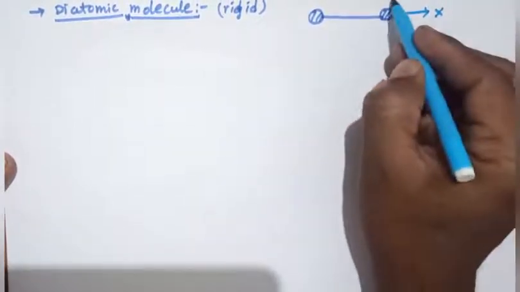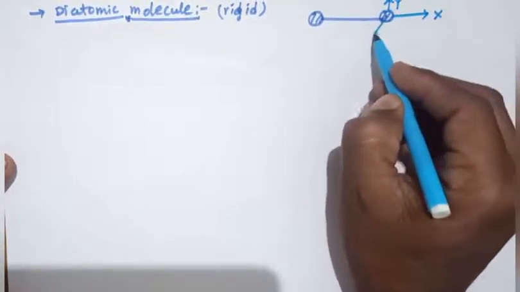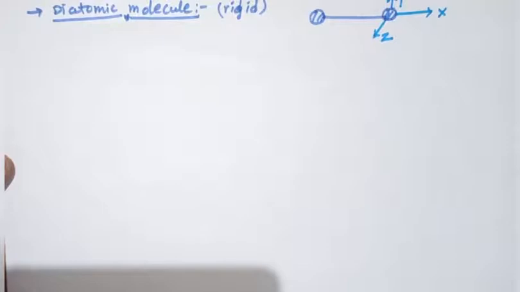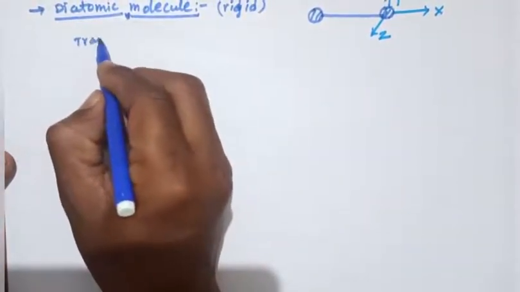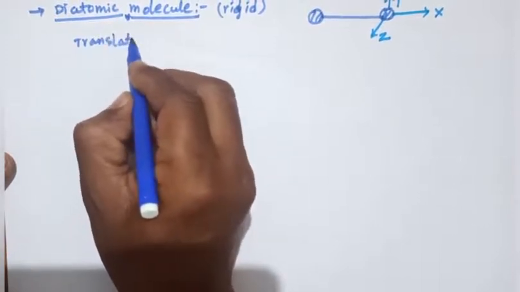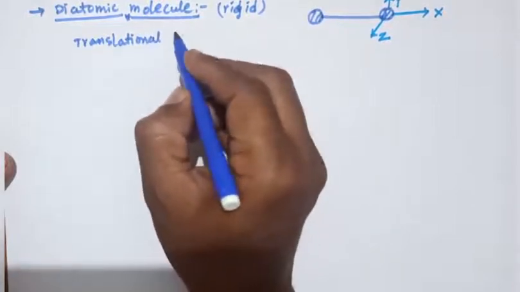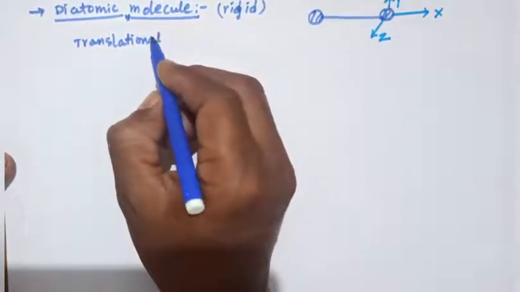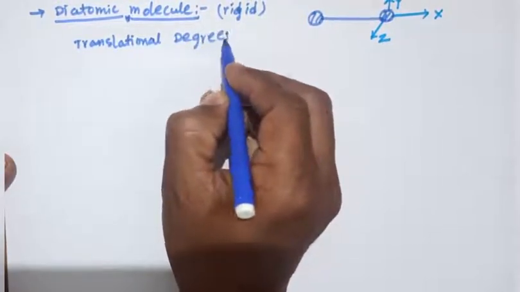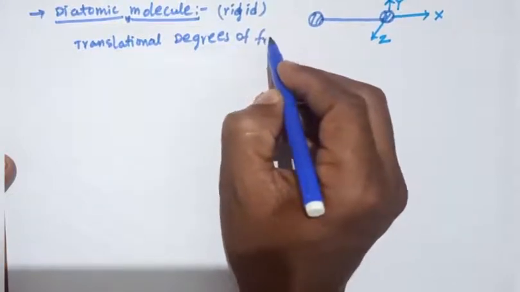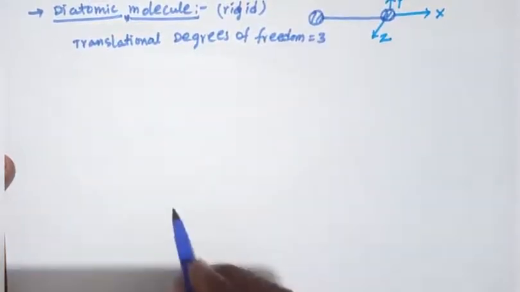Here it has translational motion along the x direction, along the y direction, and along the z direction. Translational degrees of freedom equals 3.